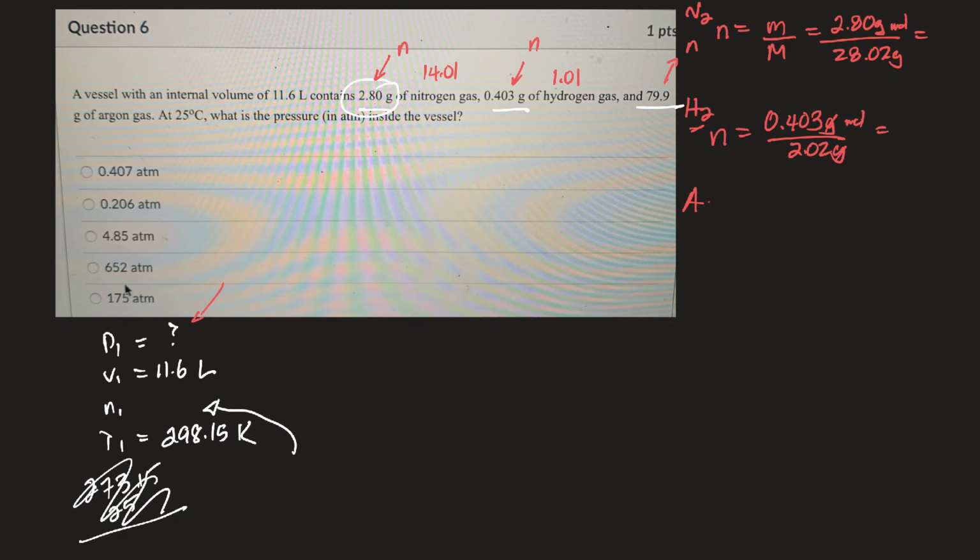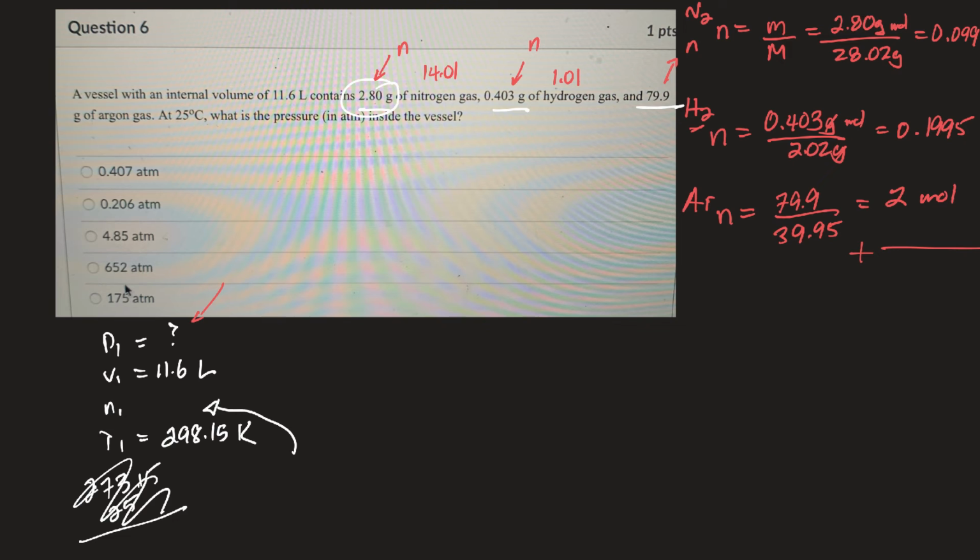And then argon. Argon, moles is equal to 79.9 divided by argon. What's argon? I have to look that up. 39.95. I think that comes out exactly to 2. Okay, let me calculate the other ones. Okay, so I figured out the number of moles of each of those. Now, because moles of gases behave the same, I can just add up all of those moles.